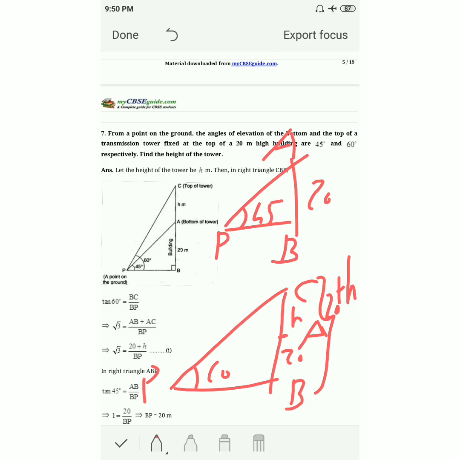That means we know only the angle in triangle PBC, right? We need to find h, and h is present in the second triangle PBC. So if we know any one side of this triangle, then we can find h. Okay, so we need to know either PB, otherwise PC.